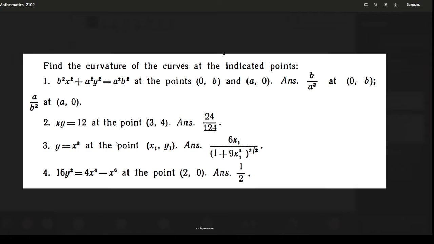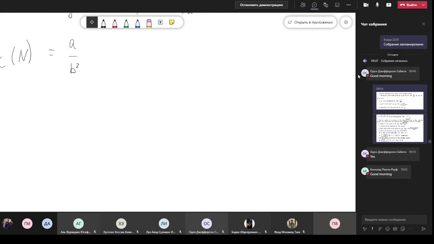And we have number 3. y is x cubed, and any point x first, y first. y is x cubed.